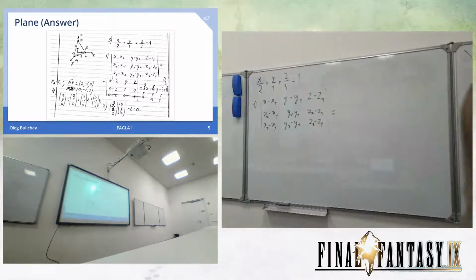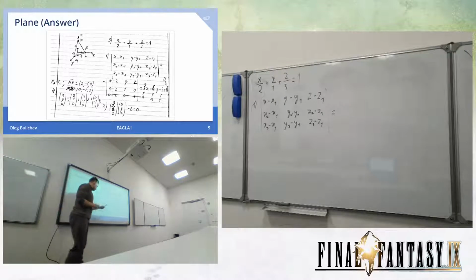Let's look at what I chose there. There, 2 will be 0. So the second one is 2, because it will be x.